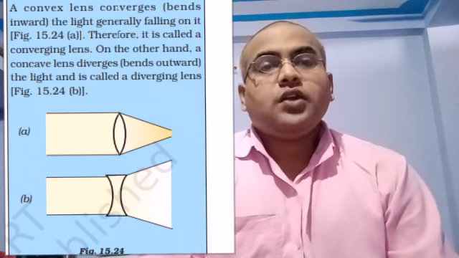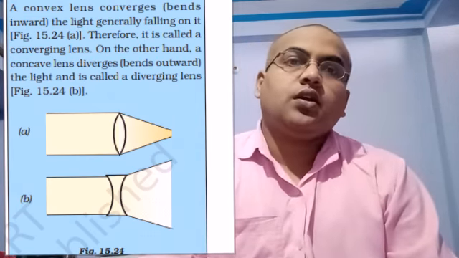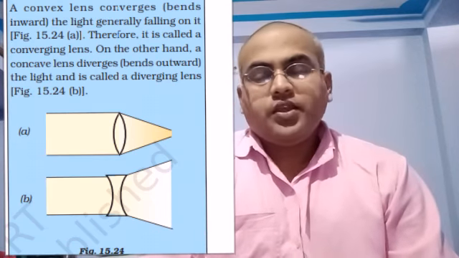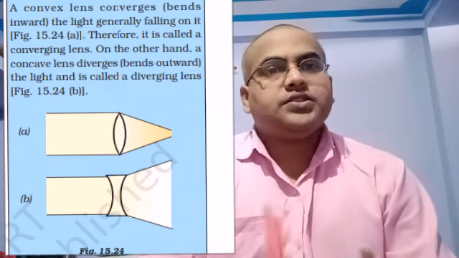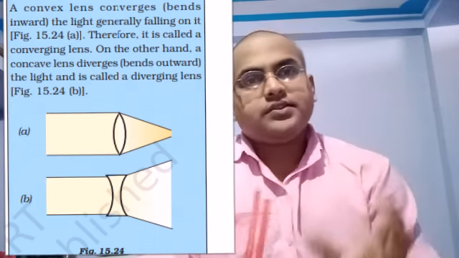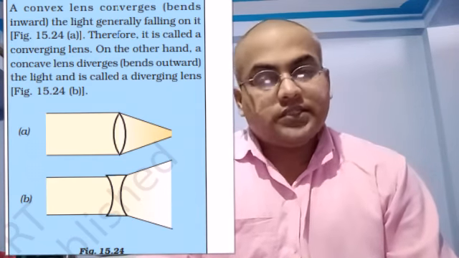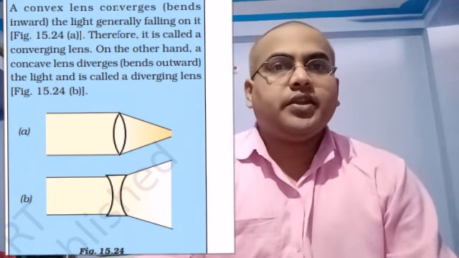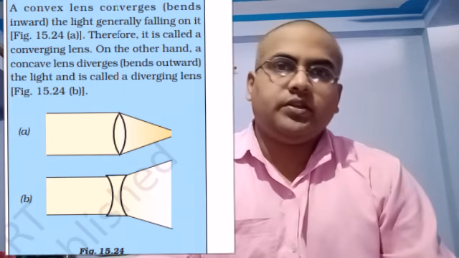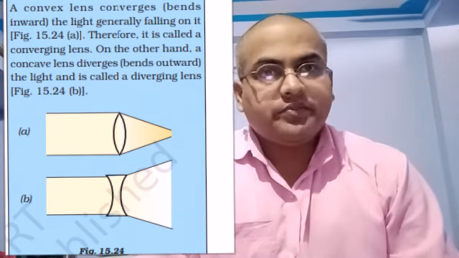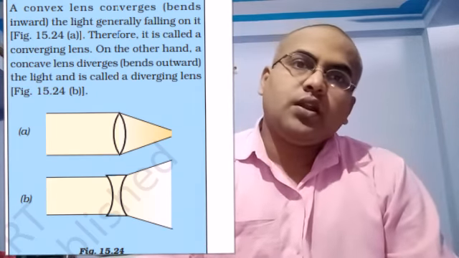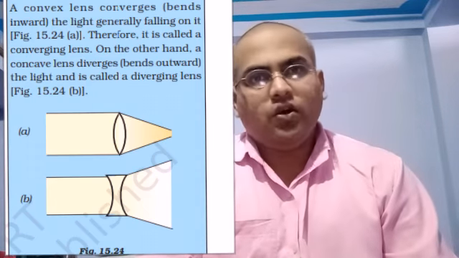Now we are going to discuss the concave lens. Take a concave lens in a similar fashion, and the candle also. Here the image formed by a concave lens is always a virtual image, an erect image, and is smaller in size than the object.